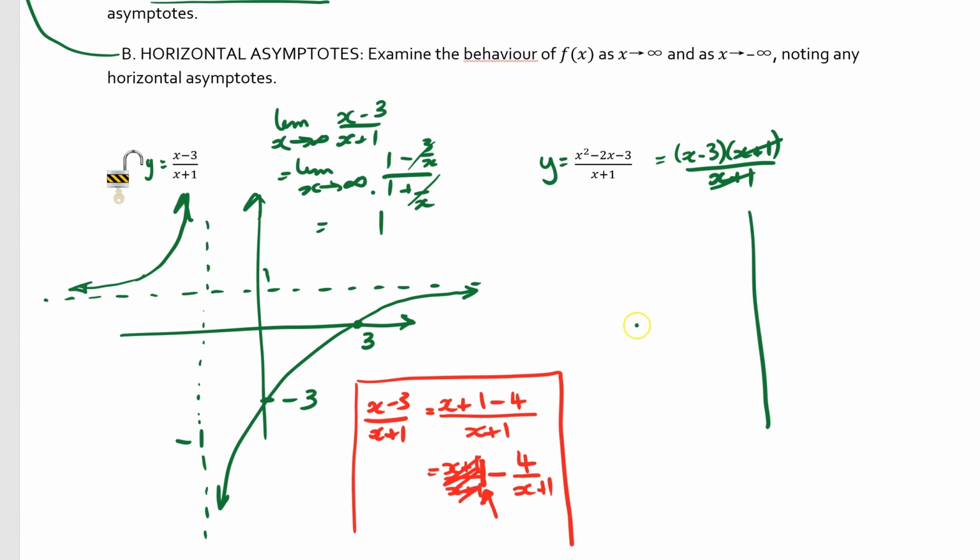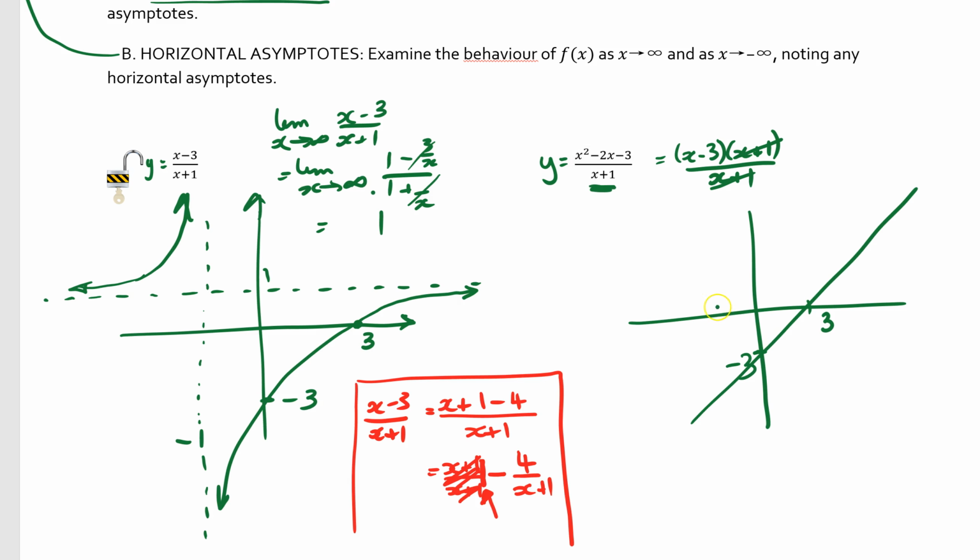But we have a little caveat here. It is y equals x minus 3, which is cutting at minus 3, has a slope of 1, so it also cuts at plus 3. But what we did here when we simplified algebraically was that we lost some information. And the information we lost was that the curve is not allowed to exist at x equals minus 1.